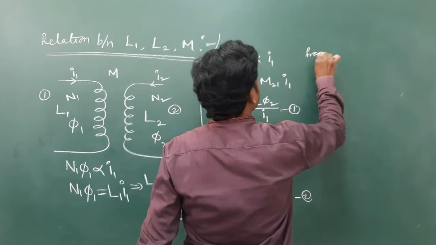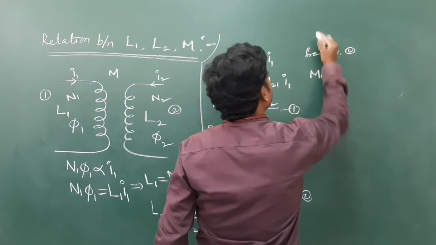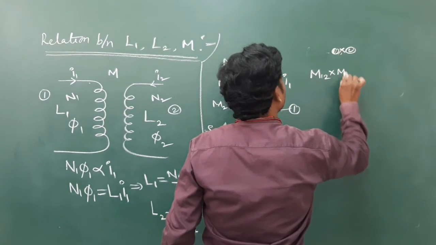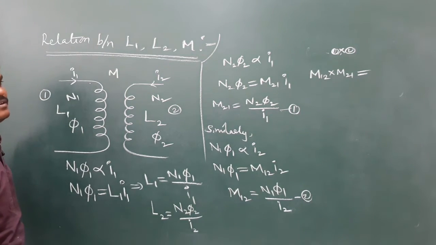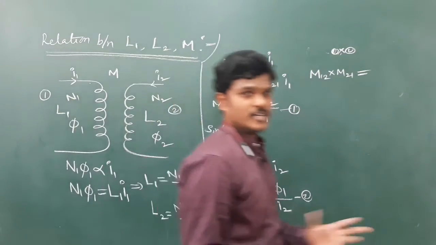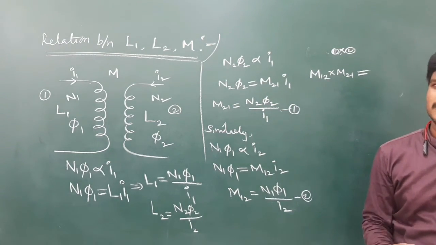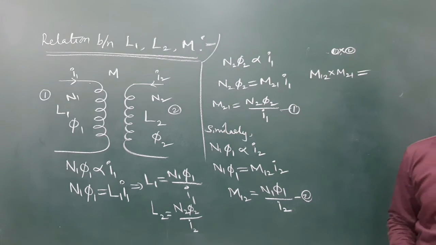Now from 1 and 2, let me multiply them. Just do the product of M12 and M21. Anyhow, M12 and M21 are equal. The mutual inductance of the second coil with respect to the first coil is equivalent to that of the first coil with respect to the second coil.